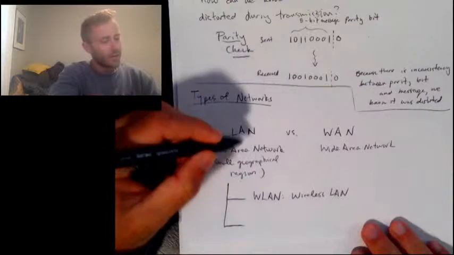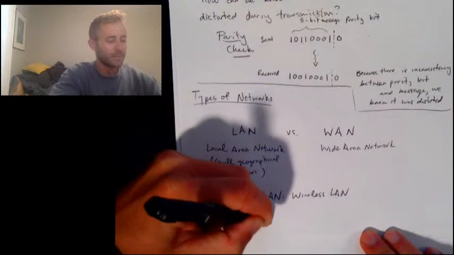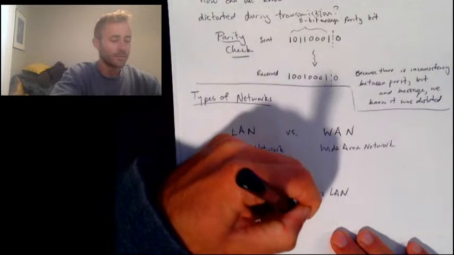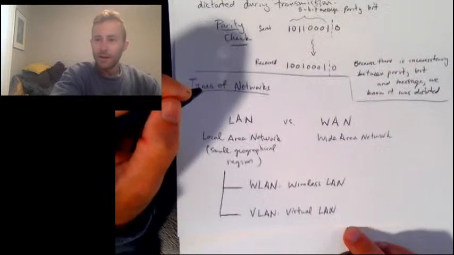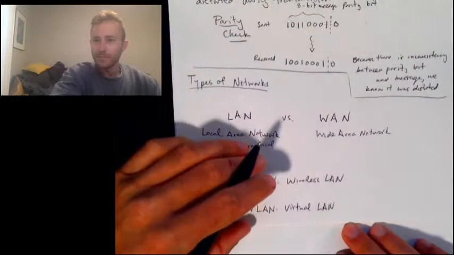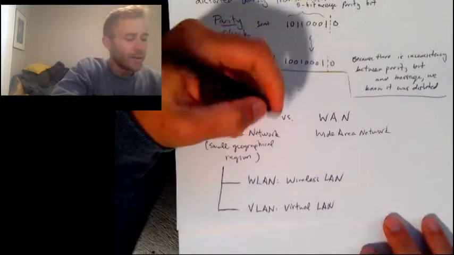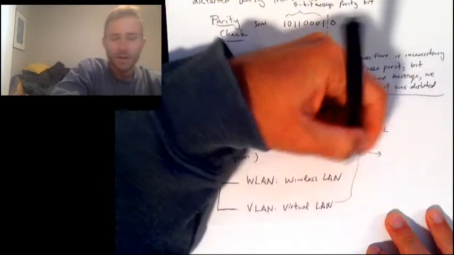Another type of local area network is called a VLAN, which stands for a virtual LAN. I'm going to talk about this one a little bit more.